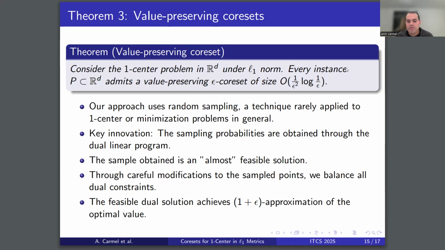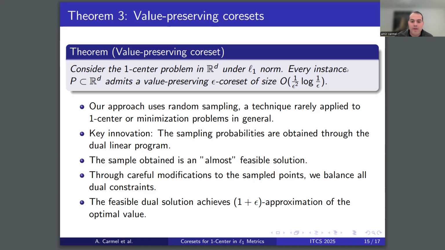We apply a careful modification that, on the one hand, doesn't change the sets of points by much, and so the optimal value is not changed by much. But on the other hand, we manage to show how we can satisfy a large set of equations. And once we balance all these dual constraints, we obtain a feasible solution.